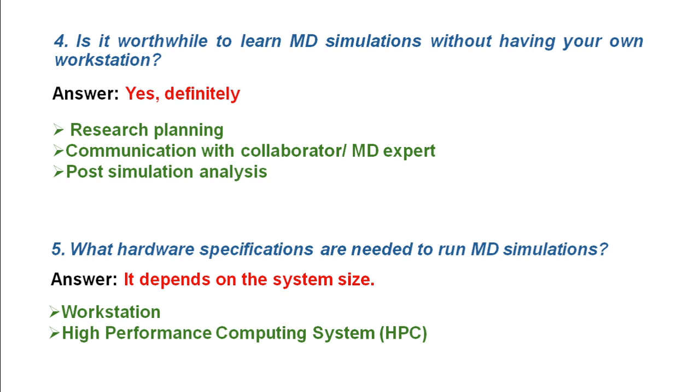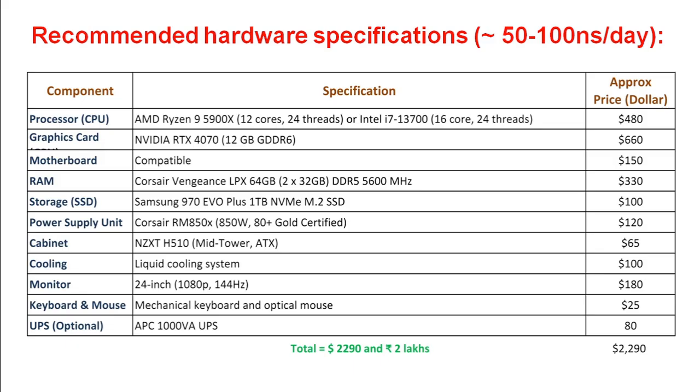It's not so costly. Okay, so in the next slide I'm going to show you some specifications for an optimum workstation or budget workstation. Okay, so this is the hardware specification, and with this specification you can run from 50 to 100 nanoseconds of simulation per day.